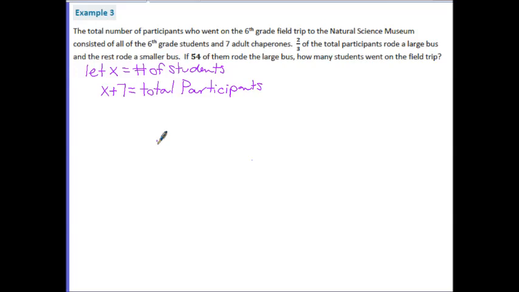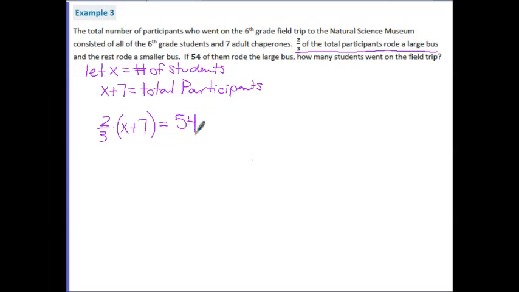So now we can create our equation by interpreting the statement 2/3 of the total participants rode the large bus. So 2/3 of is to multiply, and we have the total number of participants was represented by x plus 7, and it should be equal to the total number of participants that rode the large bus, which was 54.